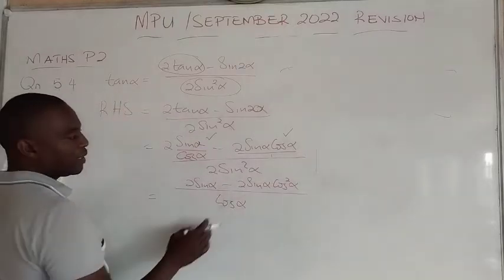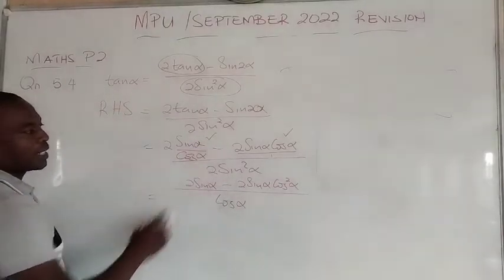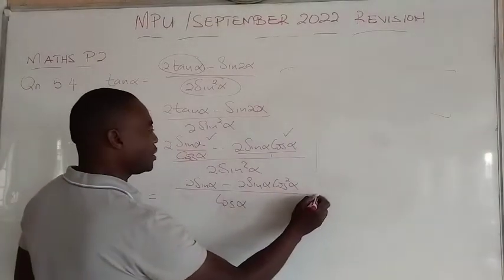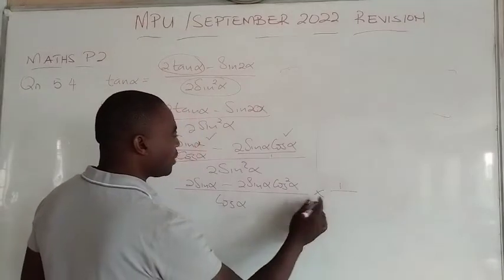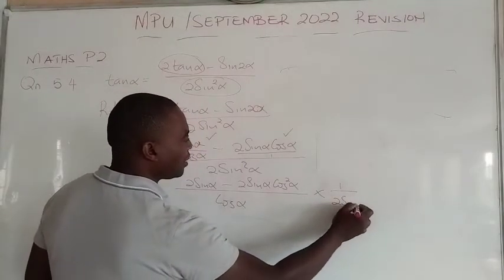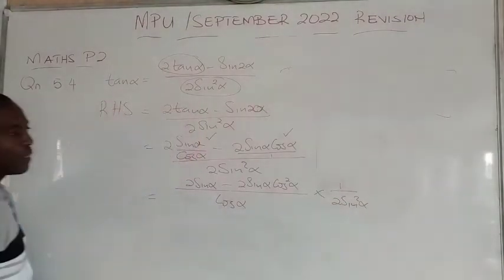Now we are dividing this by 2 sine squared alpha, which we can now change to multiplying by 1 over 2 sine squared alpha.